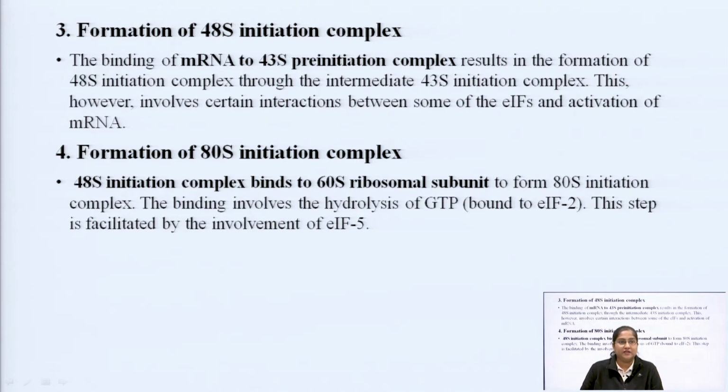The binding involves the hydrolysis of GTP which is bound to EIF2. This step is facilitated by the involvement of EIF5. So, as we have seen in these steps, there are many EIFs, that is eukaryotic initiation factors, involved.